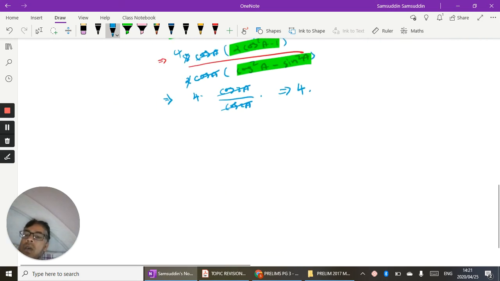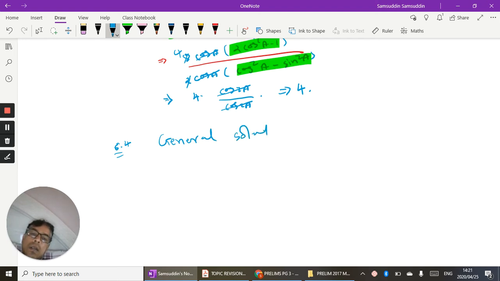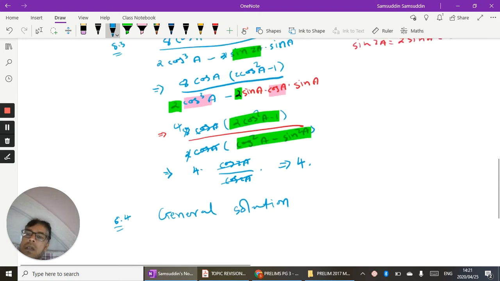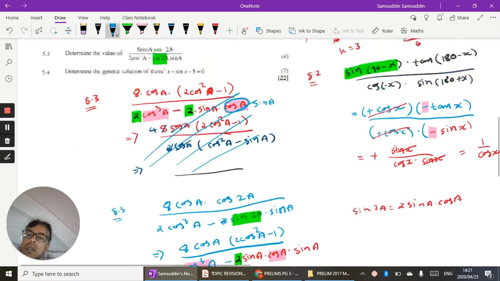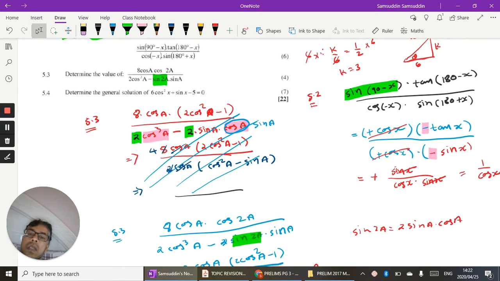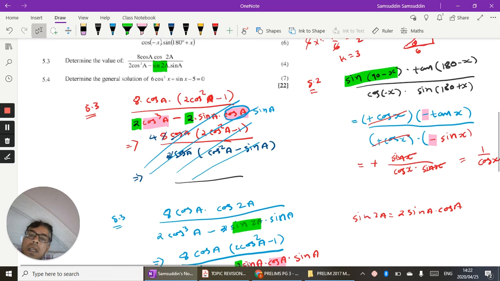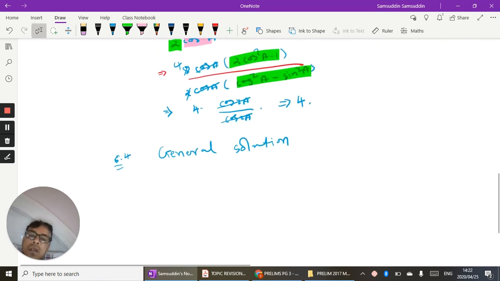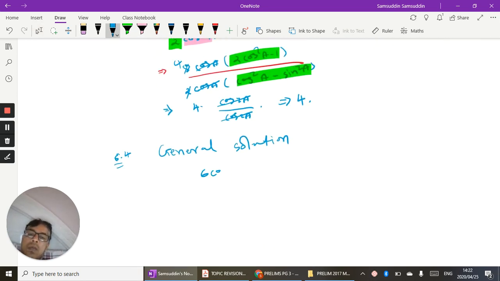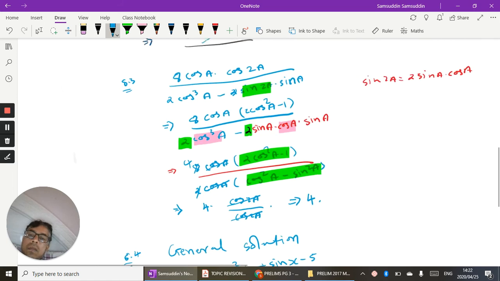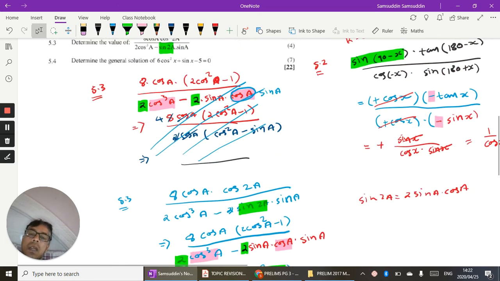Now 5.4. It's a general solution. General solution of the question: 6 cosine squared x plus sine x minus 5. Let me go check again once the question.